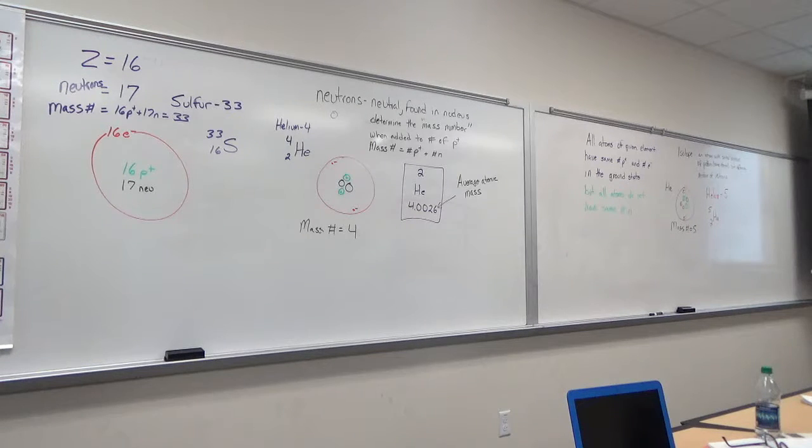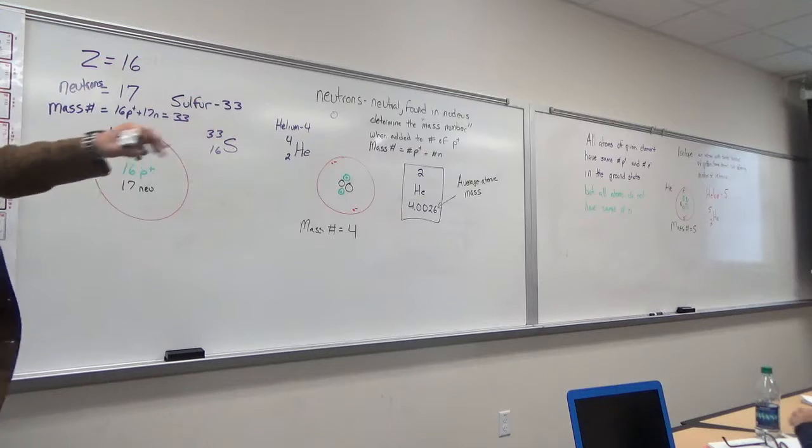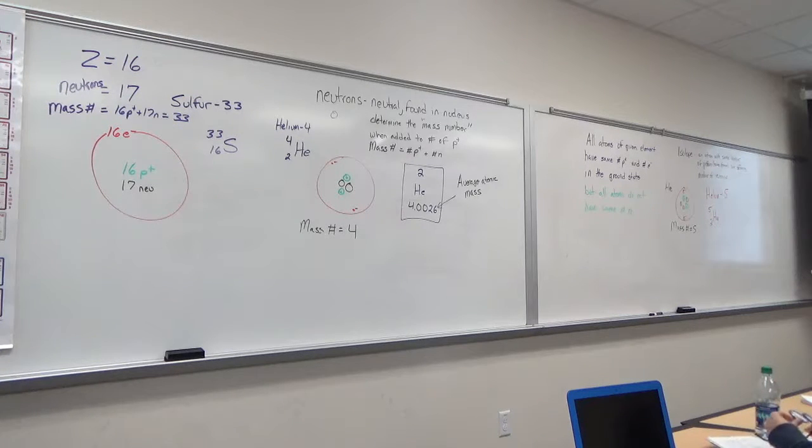Just know that certain isotopes of a given element are more, what we say, abundant than others. Meaning that all of the carbon that you get in a piece of charcoal is not carbon 12. Some of it is carbon 13. That is the reason for the average atomic mass to be a little bit higher than 12, mathematically.